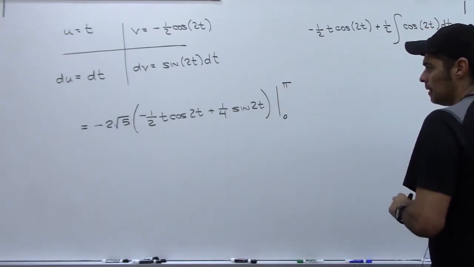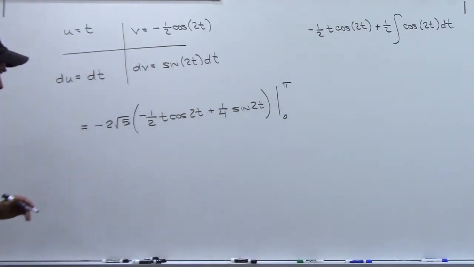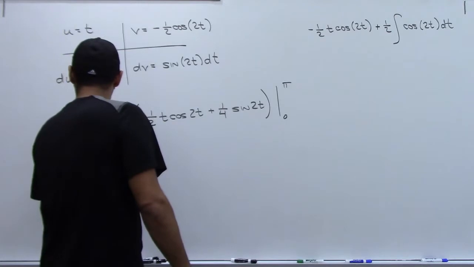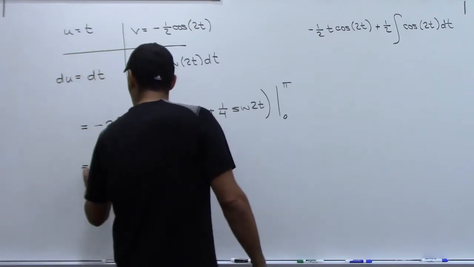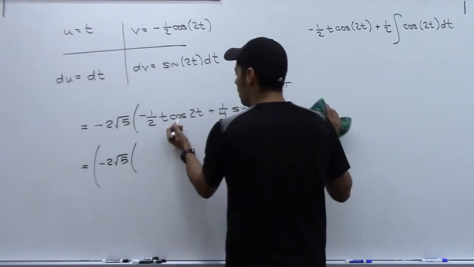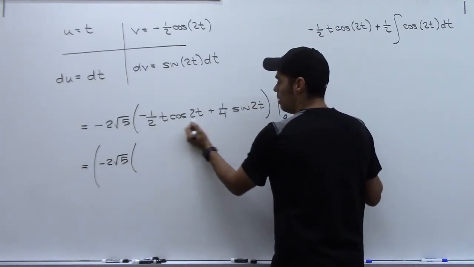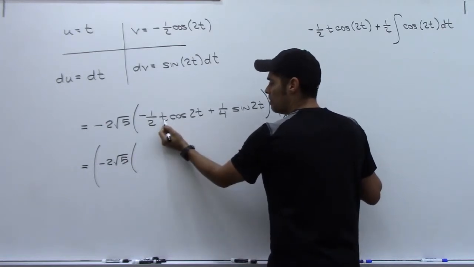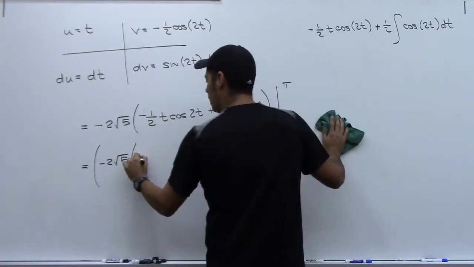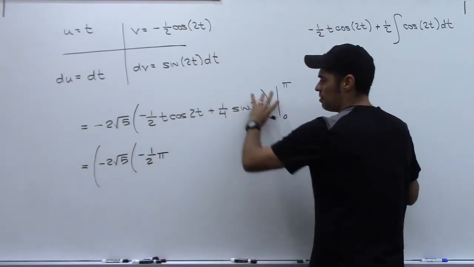And now I could pull out a negative 1/2, but I'll just leave it. Let's plug in pi. Negative 2 root 5 times, if I plug in pi here, cosine of 2 pi is 1, right? So this turns into a 1, but then times t, which is pi. So I get negative 1/2 pi. Sine of 2 pi is 0, so all that's gone.